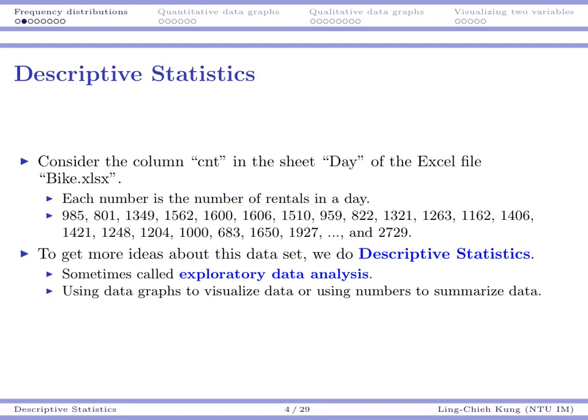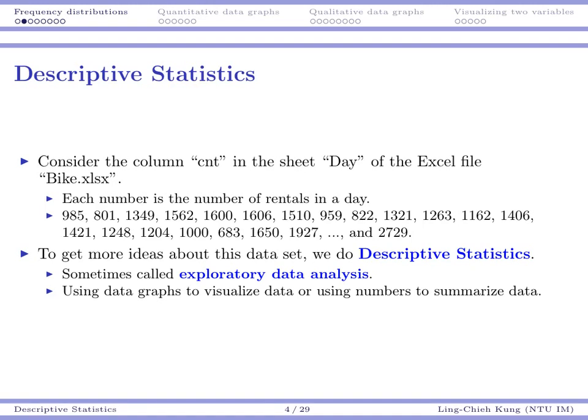If you take a look at it, it will be some numbers like 985, 801, 1349, blah blah blah. There will be 731 numbers, and when you look at it, they just look like random numbers. You have no idea how they relate to each other and what they mean.